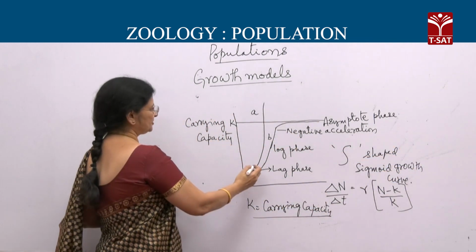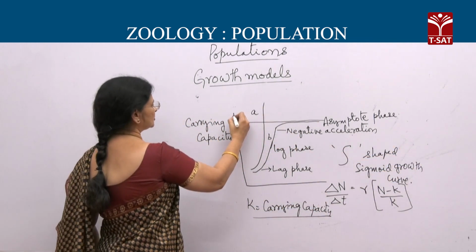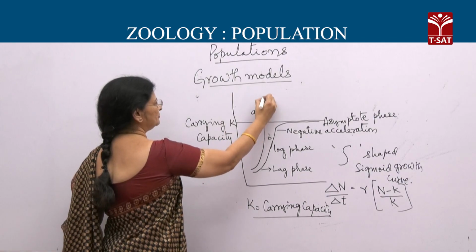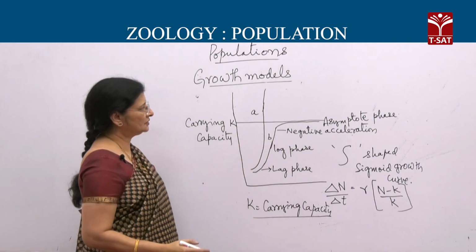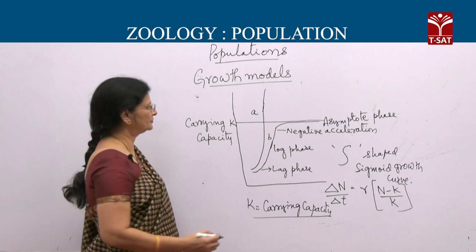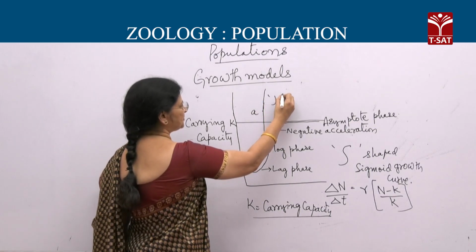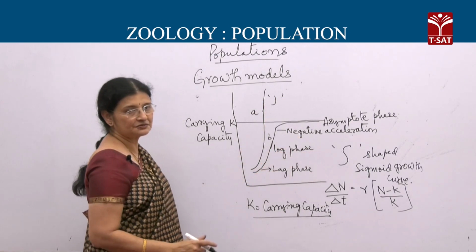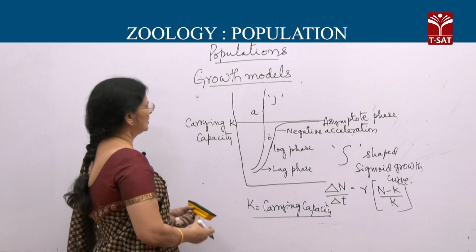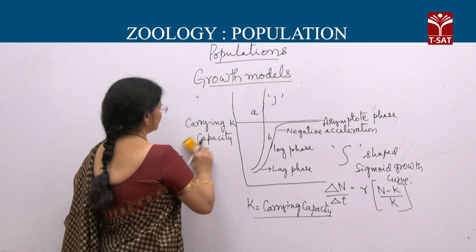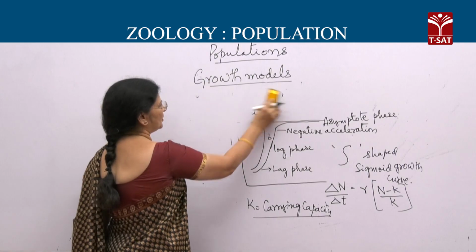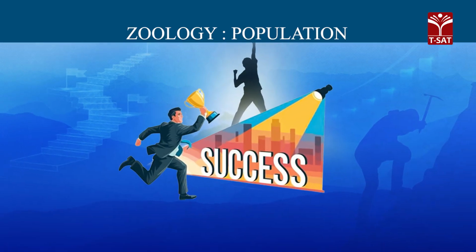Curve A represents the exponential growth curve, and curve B represents the logistic growth curve. This is J-shaped and this is S-shaped. So these are the models of population growth.